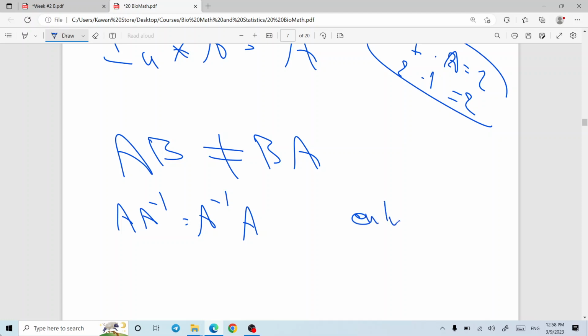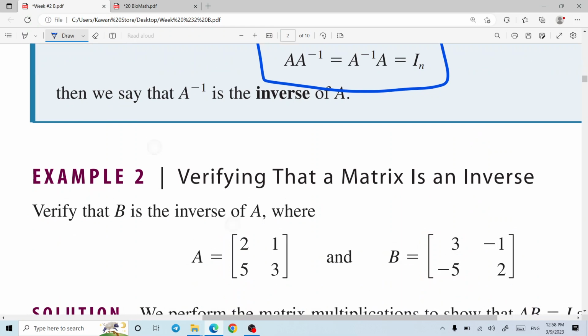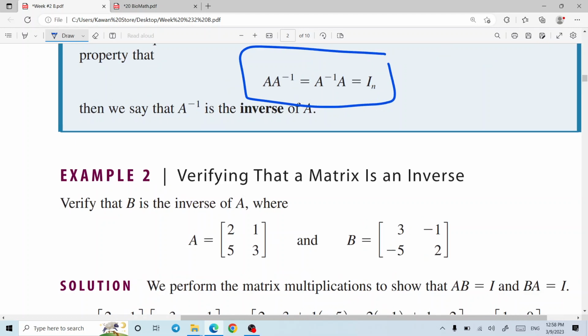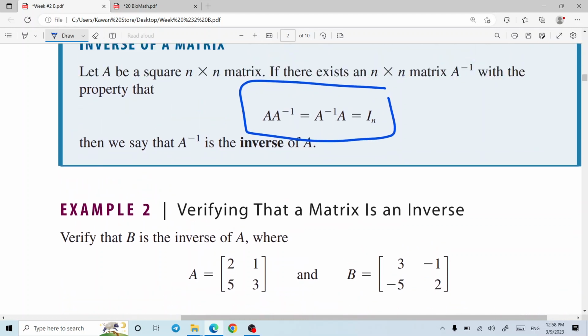Only case. Understood? So generally they are not equal, but if they are inverse, yes, they are equal. That's all. So during the exam, one type of question says: show me A and B are inverse or not. So how do we do it?